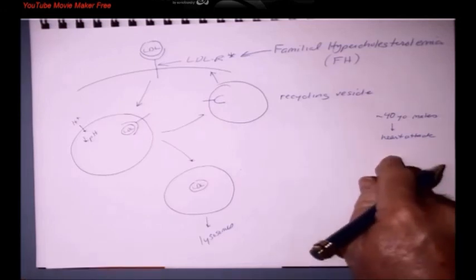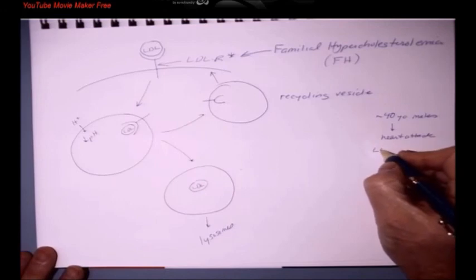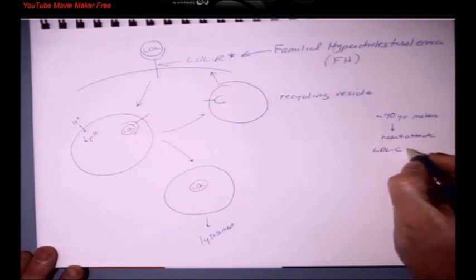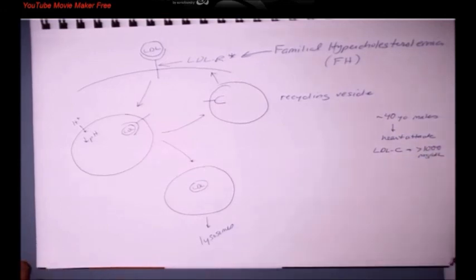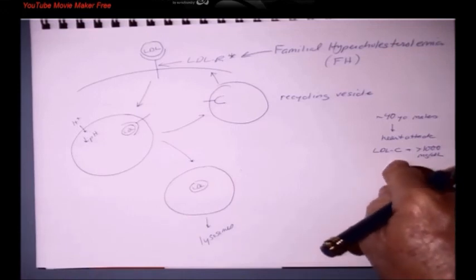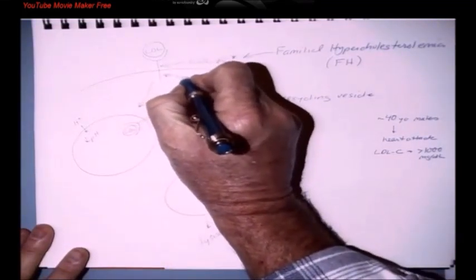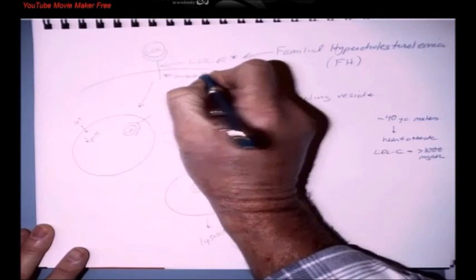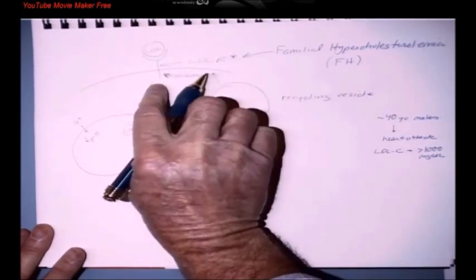So what they did is they started looking at these individuals, and they found that their LDL-C levels, LDL cholesterol levels, were much greater than 1,000 mg per deciliter, which means that their circulating LDL cholesterol is very, very high. So the reason they found out it was high is because these individuals have a mutation in the cytoplasmic tails of their LDL receptor.